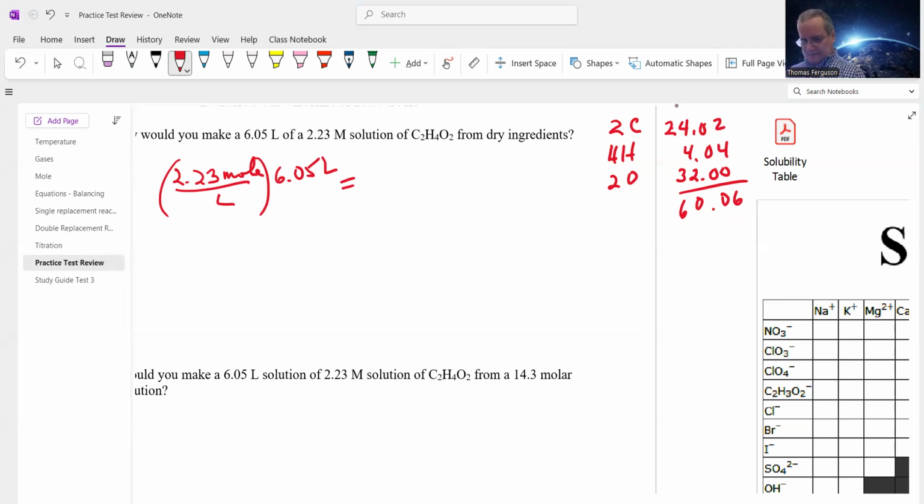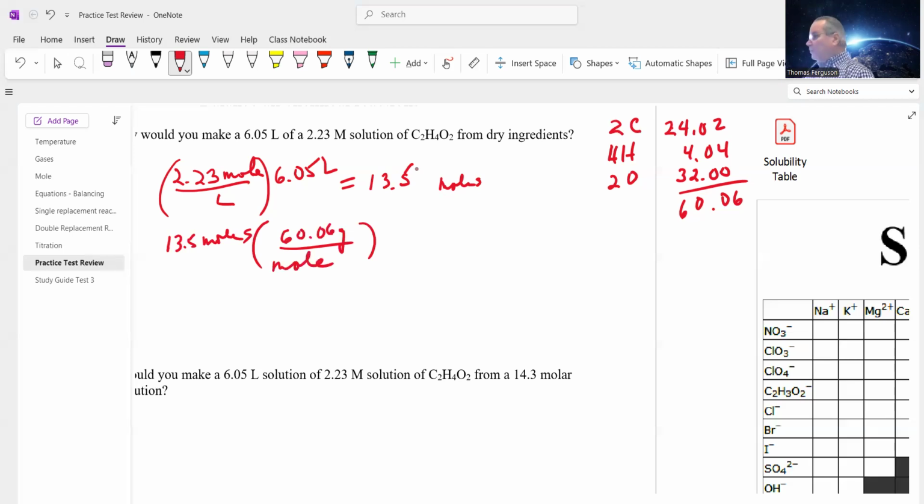So we're looking at 13.5 moles times the molar mass will give us grams.